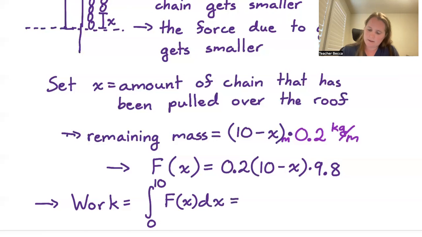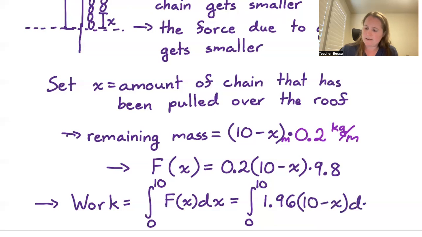So we are looking at the definite integral from 0 to 10 of 0.2 times 9.8, which is 1.96, times 10 minus x dx.